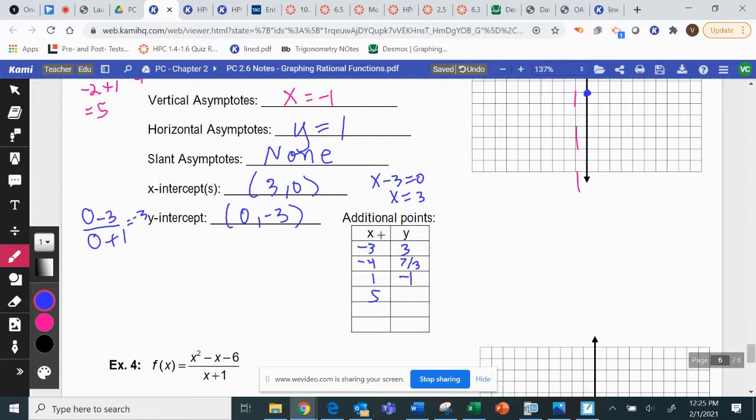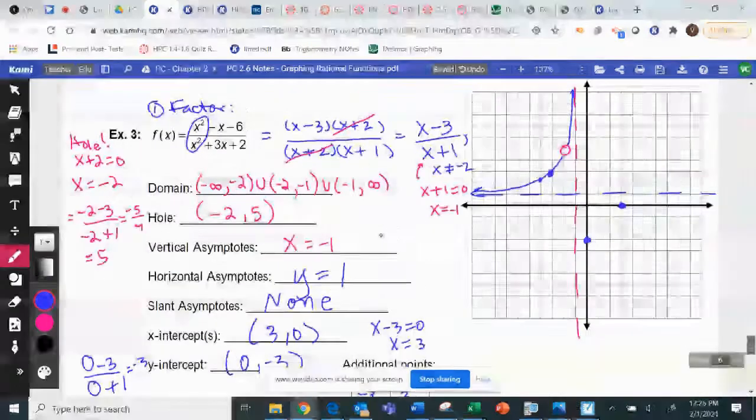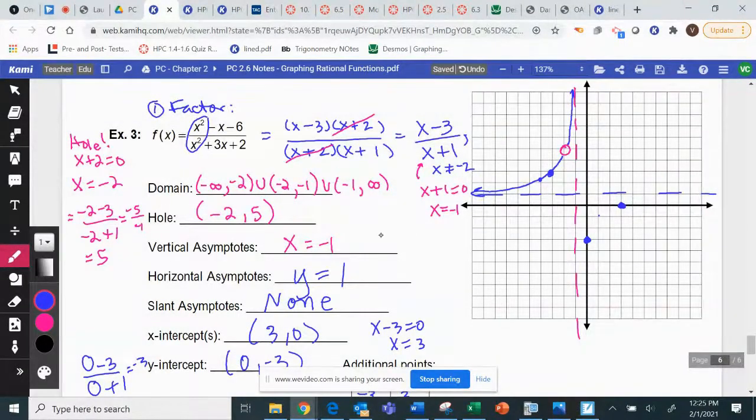What'd you get? So 1, -1 looks right. 5, 2/3. That looks about right. Regardless of what points you choose, they should still all be on this curve, getting closer and closer to the asymptotes. So this is an example of one with a hole.